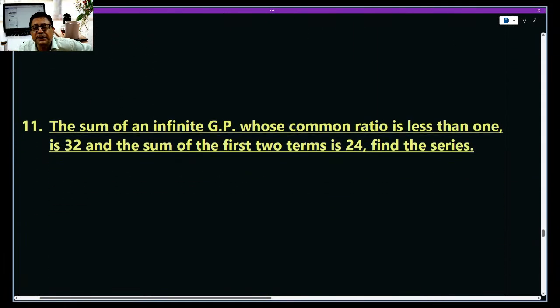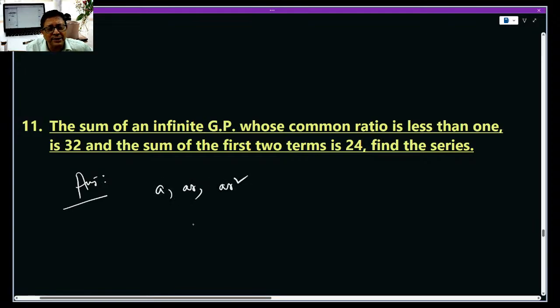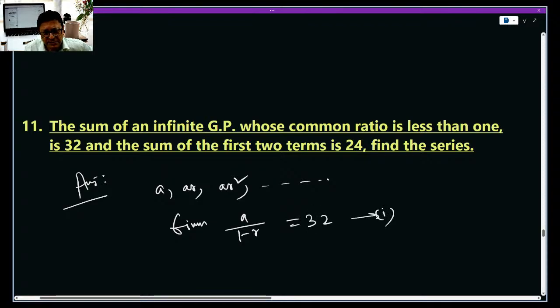The sum of an infinite GP with common ratio less than 1 is 32. The sum of the first two terms is 24. So the infinite GP you take this way: a, ar, ar square, like this. The sum of the infinite GP is 32, and the sum of the first two terms, a plus ar, is 24.